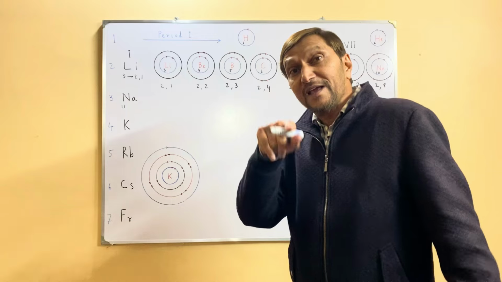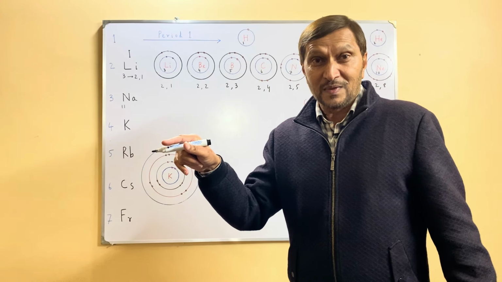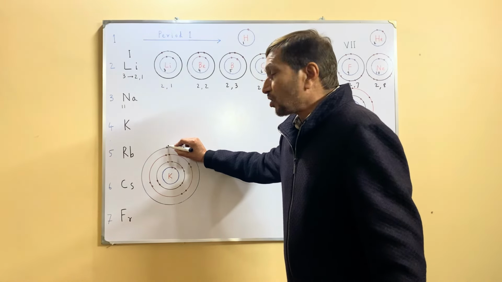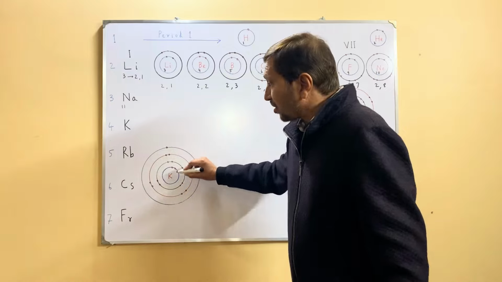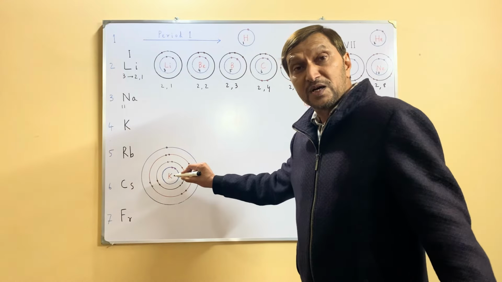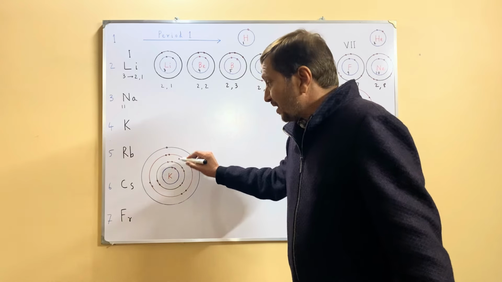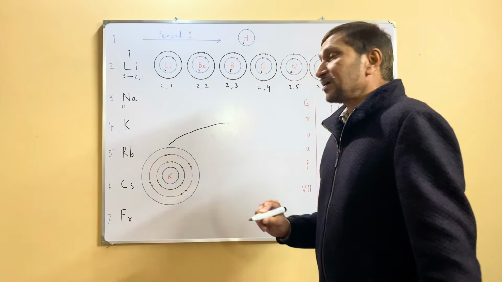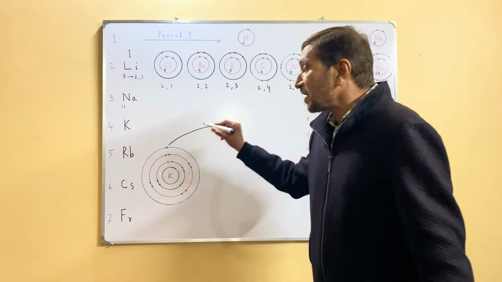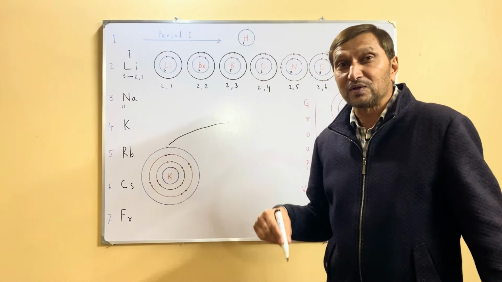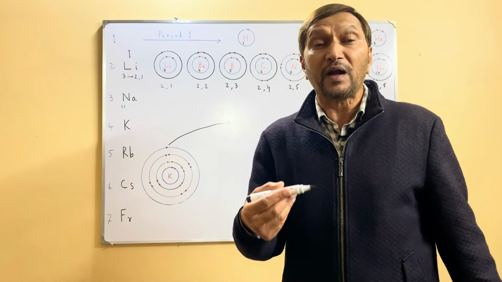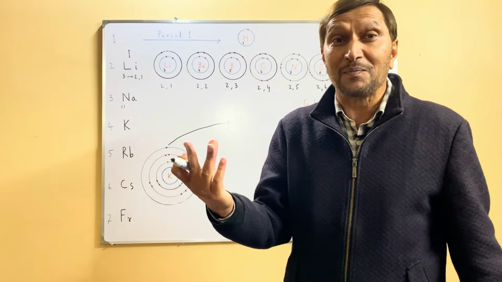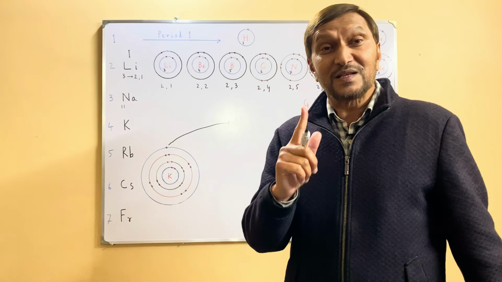The impact on the metal is that, because of the bigger size and too many shells, it becomes easy for the outermost electron to escape and to lose. So that's why, as we move down the group, metals become more and more reactive, because it becomes easy for the outermost electron to escape, to lose. This is the reason.